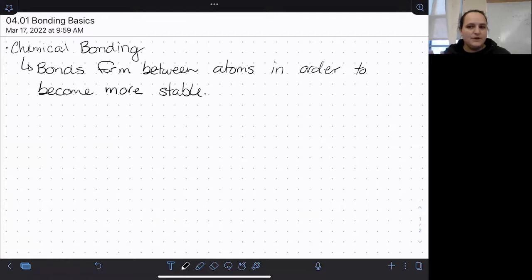So generally speaking, anything that just kind of happens on its own in chemistry is making things more stable in some way, shape, or form. That is like the driving force behind chemical reactions.